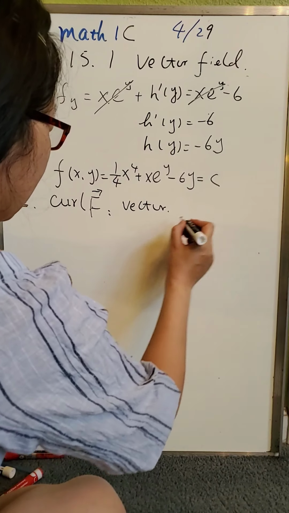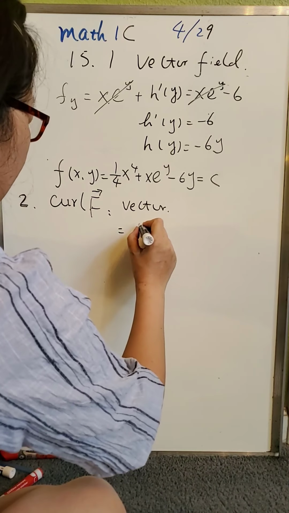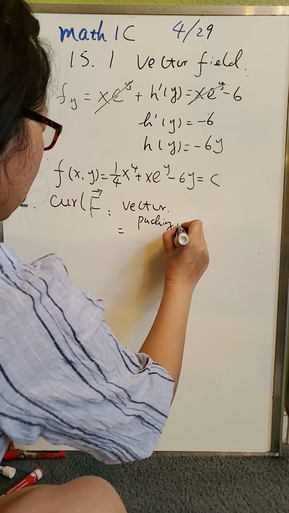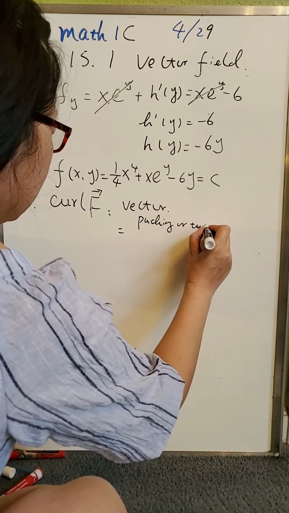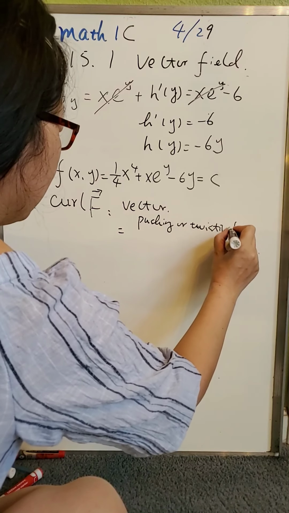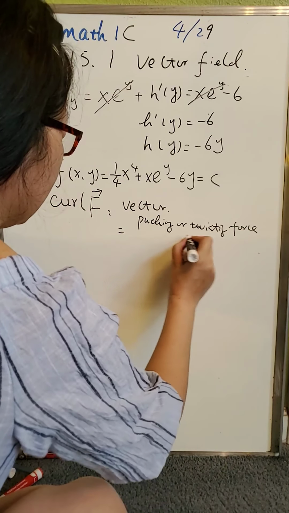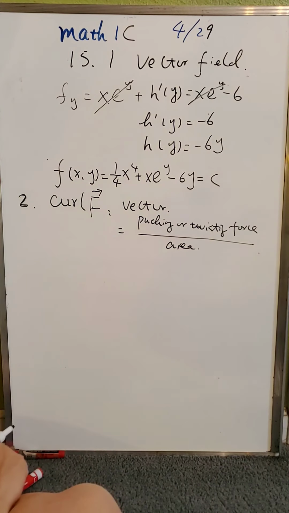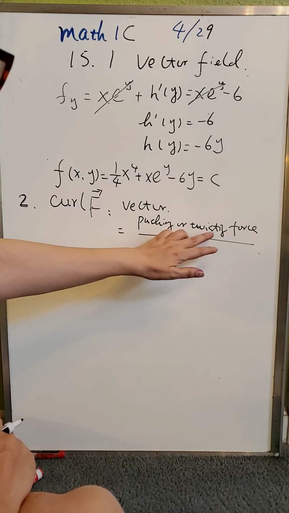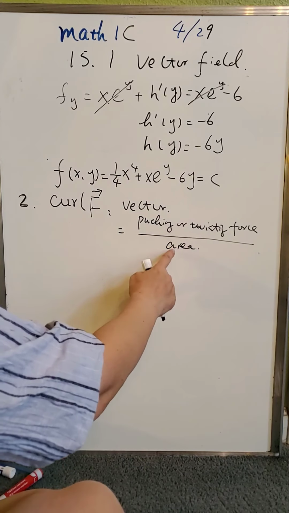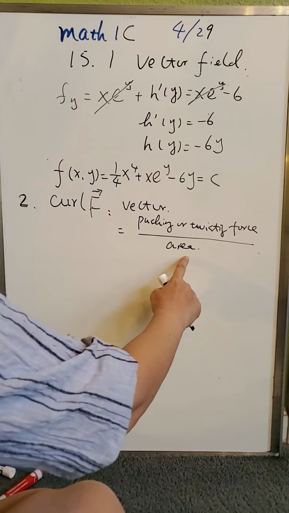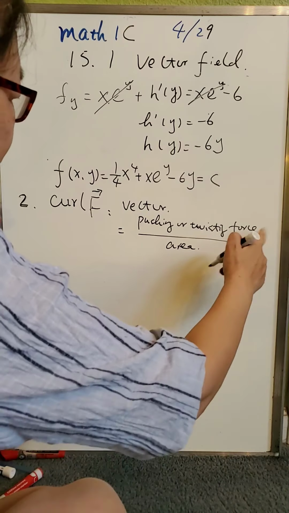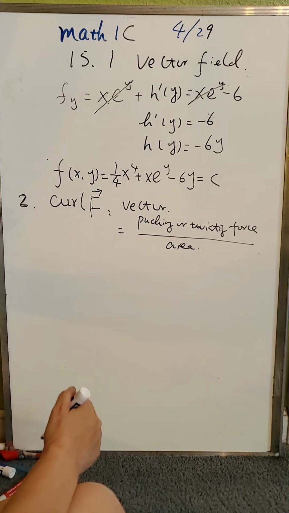This vector is equal to the pushing or twisting force per area, okay? In a little tiny area, what's the pushing or twisting force, okay? The unit of the pushing and twisting force divided by per area, okay? So this is dividing.